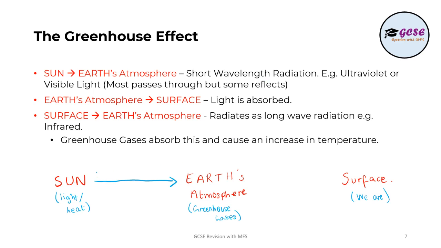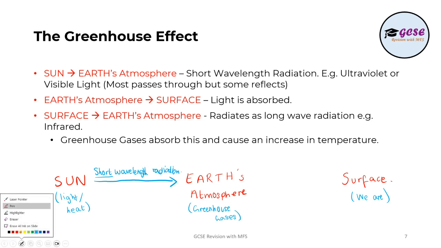So this is short wavelength radiation. The sun emits short wavelength radiation, and the only thing you need to know here about short wavelength is that the waves are narrower. So the waves are more like this.